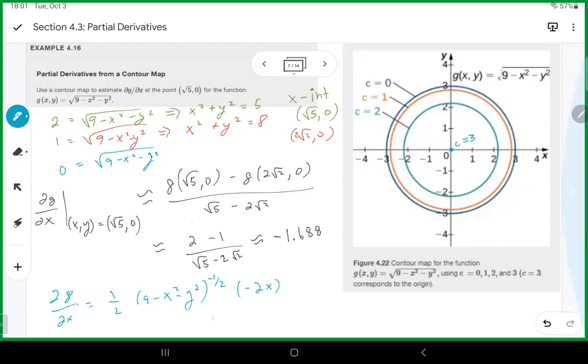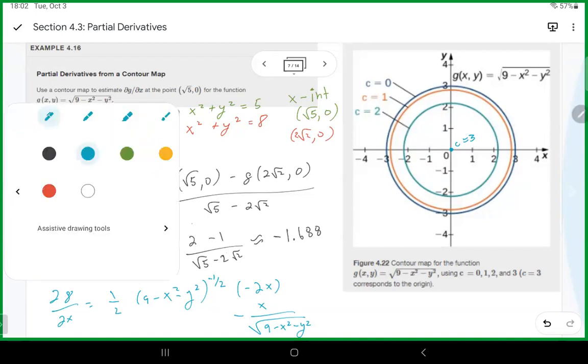And then that's going to give us... okay, and now we want to evaluate that. And we should find that it should be pretty close.